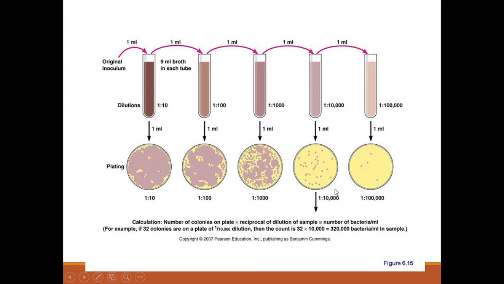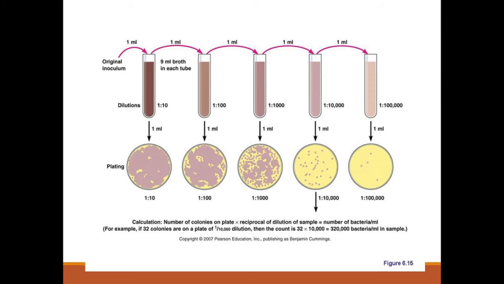So it is the number of colonies into the dilution factor. The factor is always positive, 10 raised to 4 or 10 raised to 5, like that. The calculation is the number of colonies on the plate into the reciprocal of the dilution of the sample. For your understanding, the number of colonies times the reciprocal of the dilution is equal to the number of bacteria per ml.